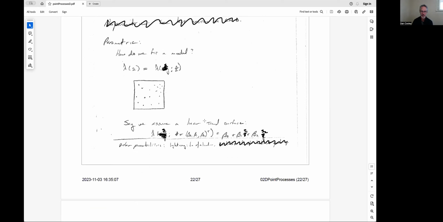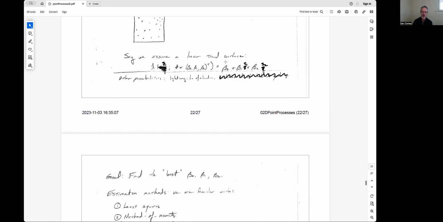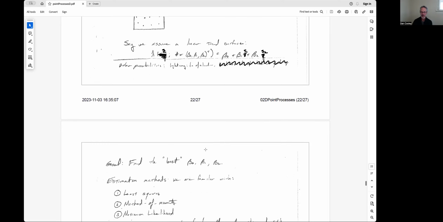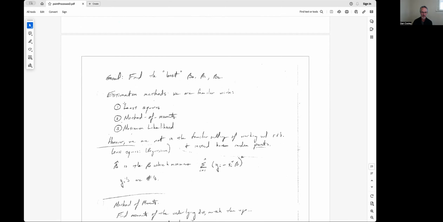Instead of doing a linear trend where it's just a function of location, you could throw in other covariates that might be meaningful, like elevation. Okay, so our goal is to find the best beta naught, beta 1, beta 2 here. And we've got lots of estimation methods that we're familiar with from our other statistics classes.